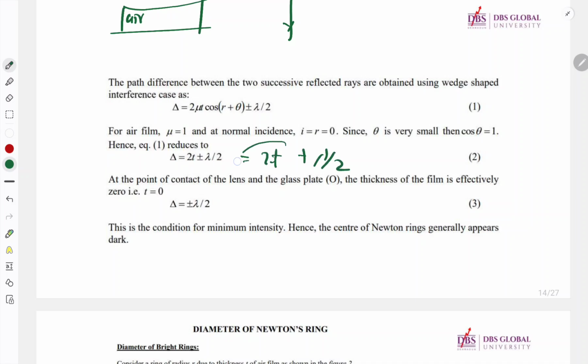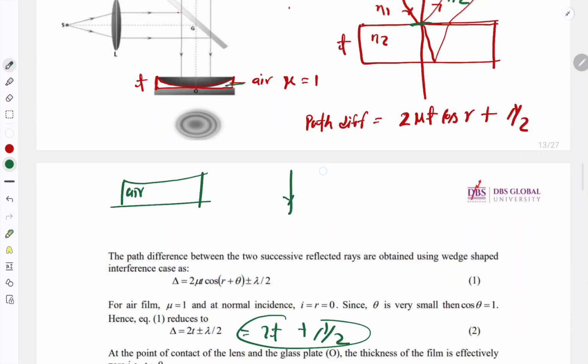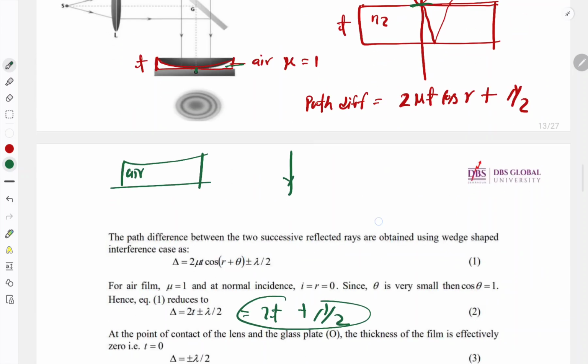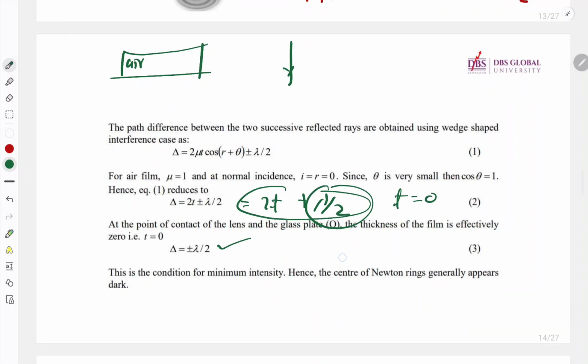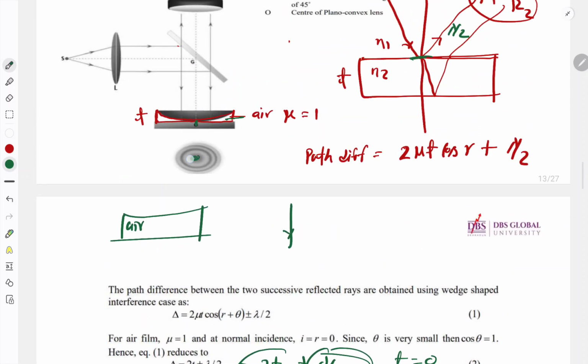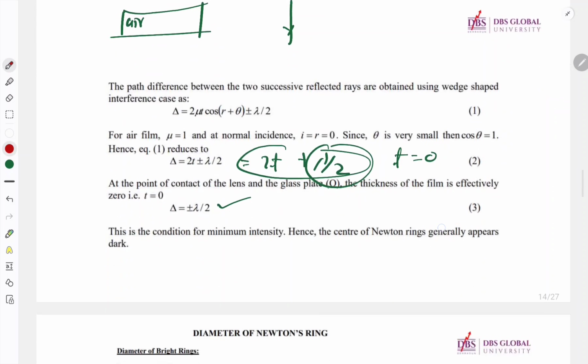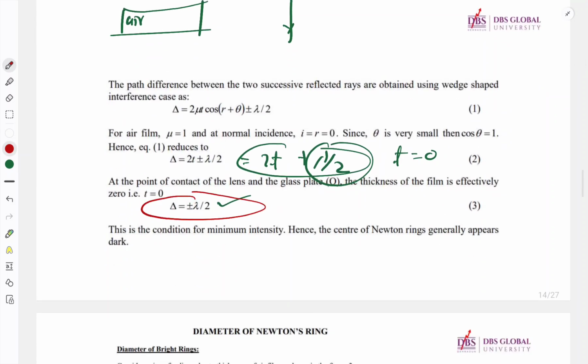This is the path difference, and at the center the thickness becomes 0. As the thickness becomes 0, the path difference between the two rays becomes lambda by 2, and lambda by 2 is the condition of destructive interference. That's why at the center of Newton's ring we always get a dark fringe, or destructive interference. I hope every one of you understood till this point.